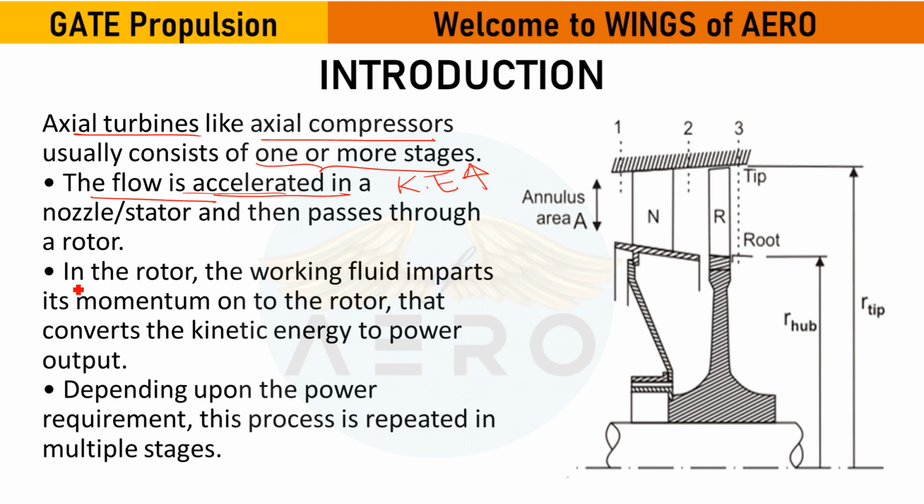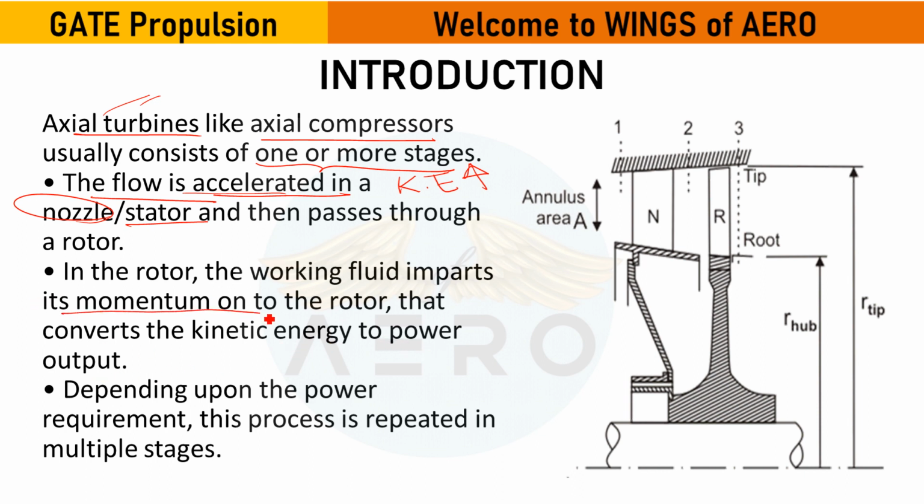Next, as I've said already, just like an axial compressor, here also we have a combination of stator and rotor. Sometimes instead of stator they call it a nozzle. Now in the rotor, the working fluid imparts its momentum onto the rotor, and that converts the kinetic energy to power output.